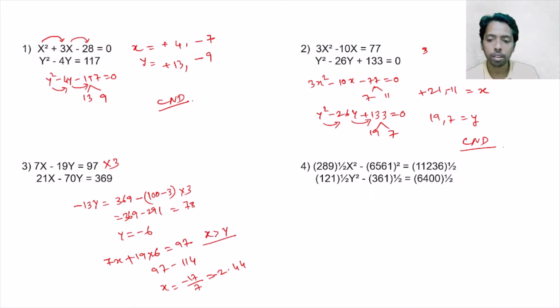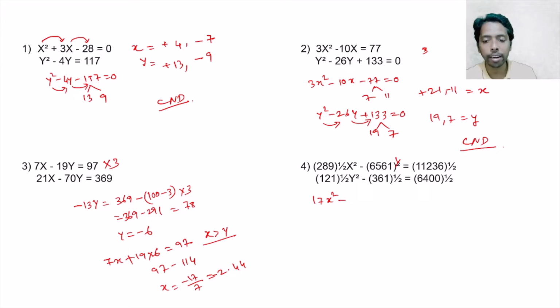Right. Next, this is square root. 289 to the power half, 6561 to the power half, all are to the power half. So this is 17x square minus 6561.